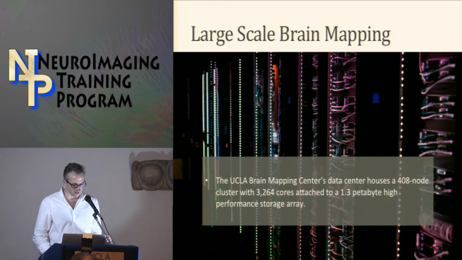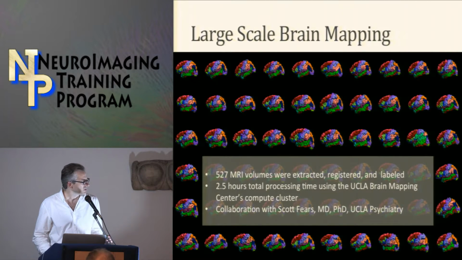As you may know, here at UCLA, we have a fairly large compute cluster sitting underneath our offices in brain mapping. We have about 3,000 cores and about 408 nodes. We can use these fairly efficiently with our software, which can run everything in about 3 hours on a typical data set. If you're running on the higher resolution HCP data, it takes much longer, but for more traditional acquisitions, it's fairly fast.